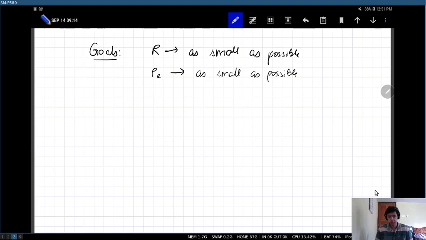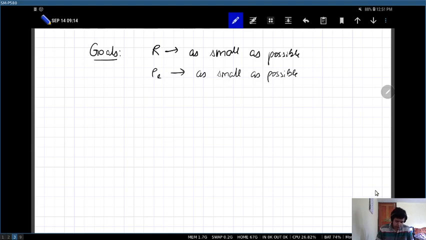But clearly there's a trade-off. If you want a very small probability of error, then the rate will have to be larger, and if you want a very small rate, then the probability of error will increase, right? So there's a very delicate trade-off, and we won't study this trade-off exactly.